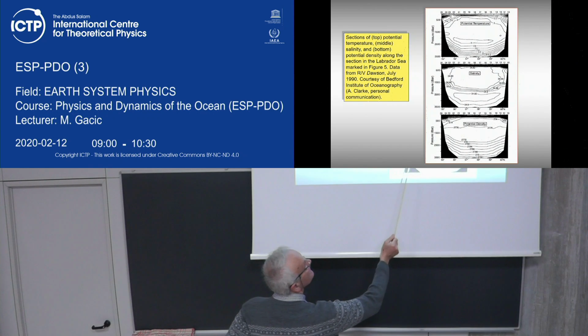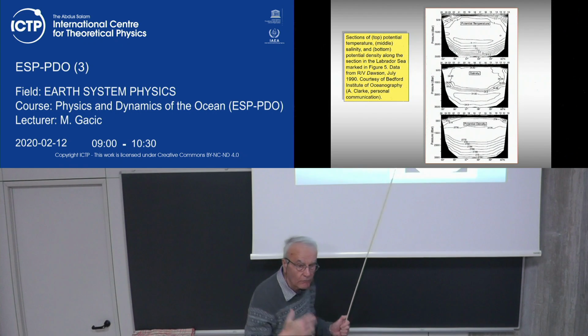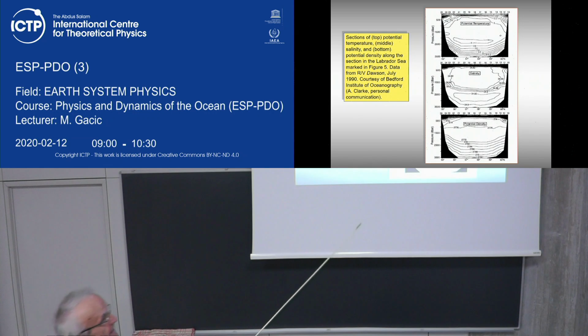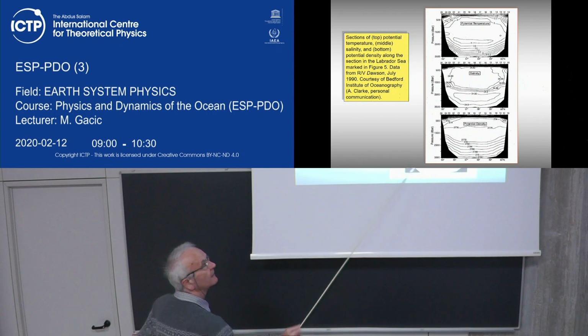The entire area is vertically mixed. No vertical gradient of temperature, because there is a vertical mixing which mixes vertically the entire water column. The same is true for salinity.